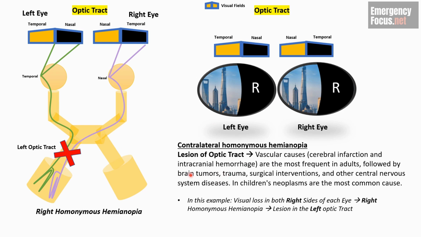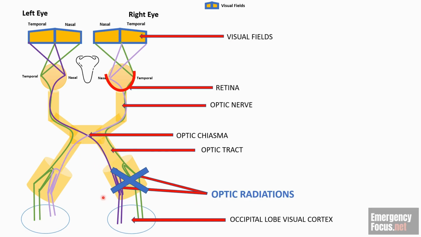This can happen due to vascular causes, which are the most frequent in adults, and in children, neoplasms. Let's see what happens now in the optic radiations. They will divide into two sides, so superior and inferior optic radiations. Remember that it's below the chiasm, so we're going to have a binocular visual defect. It means that both eyes will be affected.